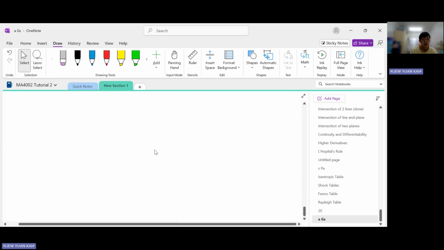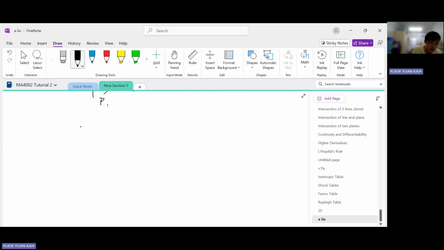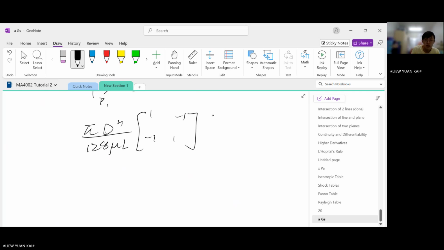That being said, how are we going to use this formula? So let's write down that formula. The formula to use is this. The different pipes have different properties, and the properties I mean are the diameter and the length.